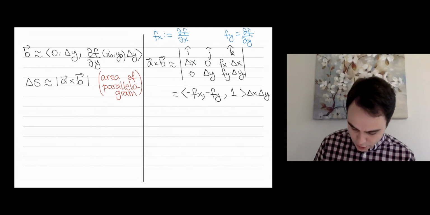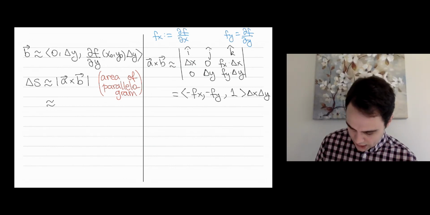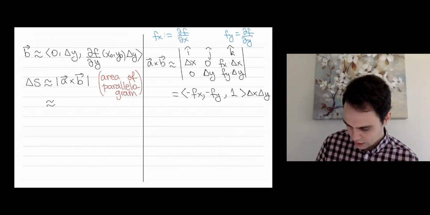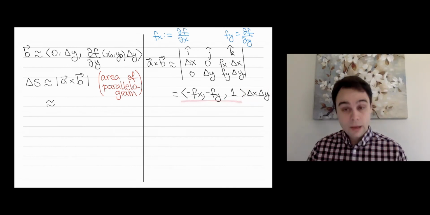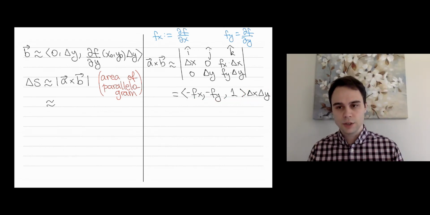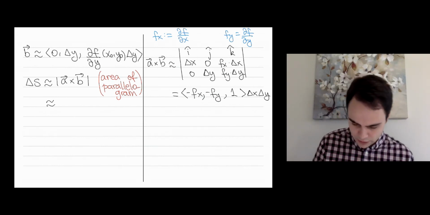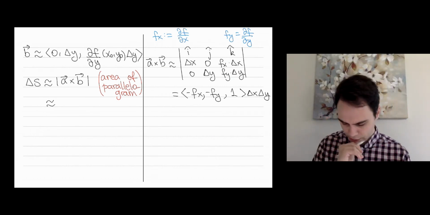And so the area of this parallelogram is approximately the length of this cross product. The cross product is a number times another vector. The length of a number times a vector is just that number times the length of the vector. This is a positive number, so we don't need to put an absolute value there.